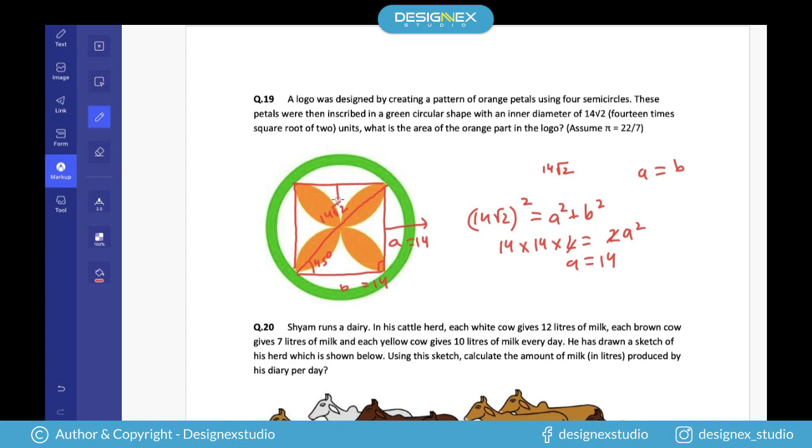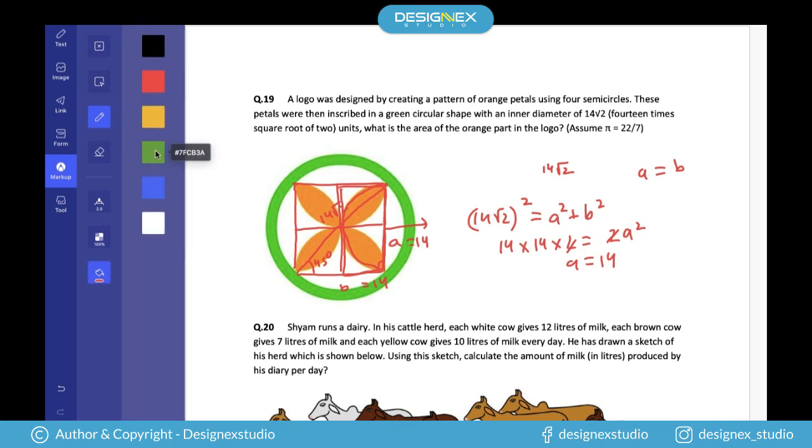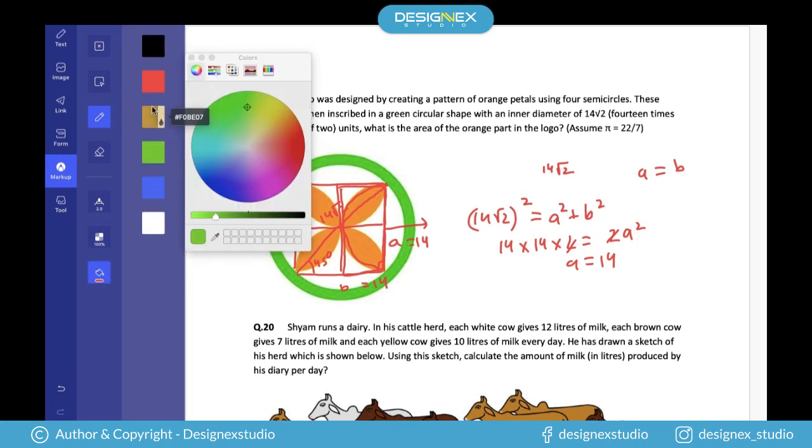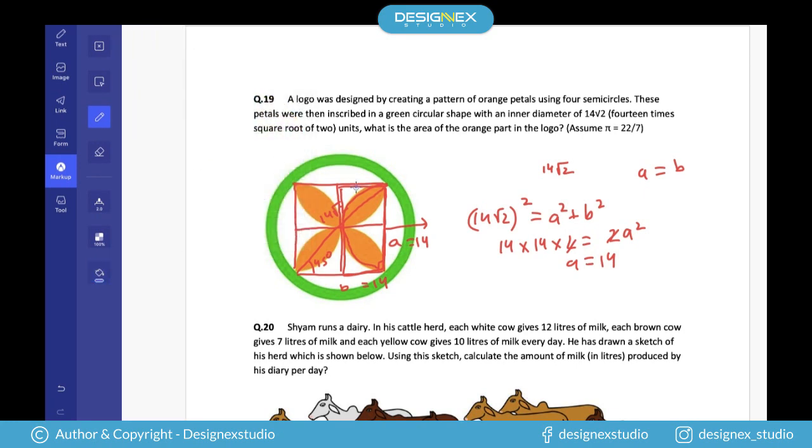And if I make one more division, I get these squares. So if I calculate the area of the semicircle, and I subtract the area of this square, then I'll get the area of the remaining part, which is this one.